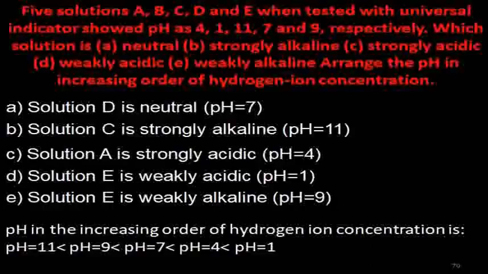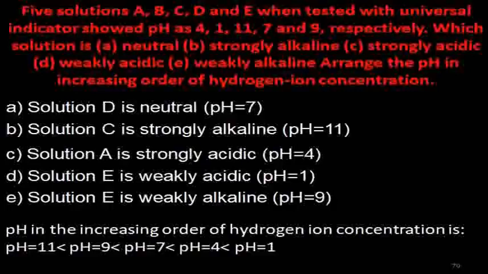Now, solution D, whose pH value is 7. That is, if the pH value is 7, it is neutral. Solution D is neutral. And solution C is strongly alkaline. That is the third number, pH 11, which is more than 7, it is basic, it is strongly alkaline.